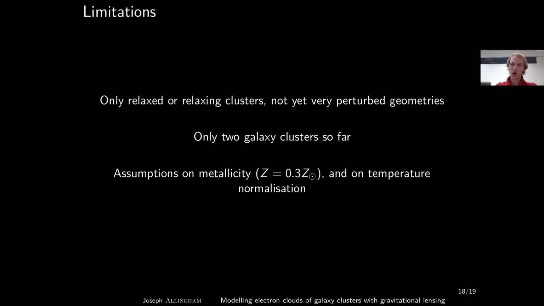We also only have 2 lensed galaxy clusters so far. So the rest of the analysis was performed with more objects, but on that we have to admit that's very limiting. As for the, some parameters were assumed to be constants, such as the metallicity.